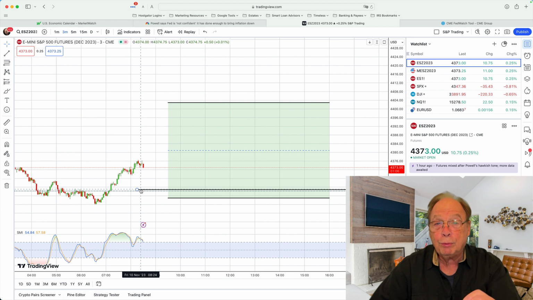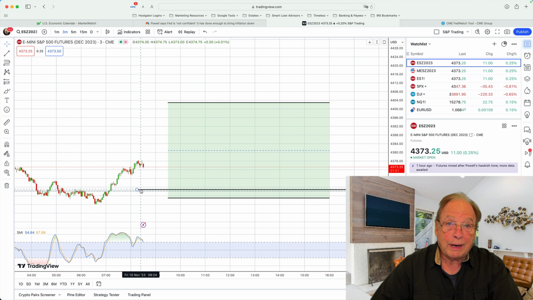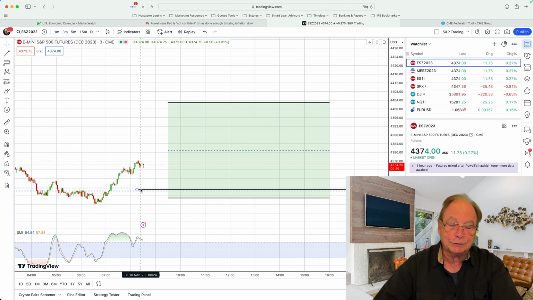Why? Because that's the point where buyers and sellers generally agree that prices are fair, fair to buyers, fair to sellers. During the day, the market gyrates wildly, but at the end of the day, buyers and sellers agree that prices are fair for each side of the transaction.